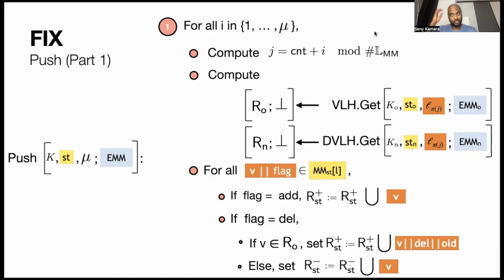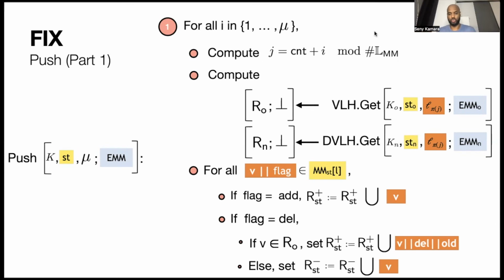The idea behind the push protocol is that it's going to pick a set of mu label-tuple pairs, and those will be picked at random according to the random permutation pi. It's going to recover all of the values associated with one of the labels from the static EMM and from the dynamic EMM.